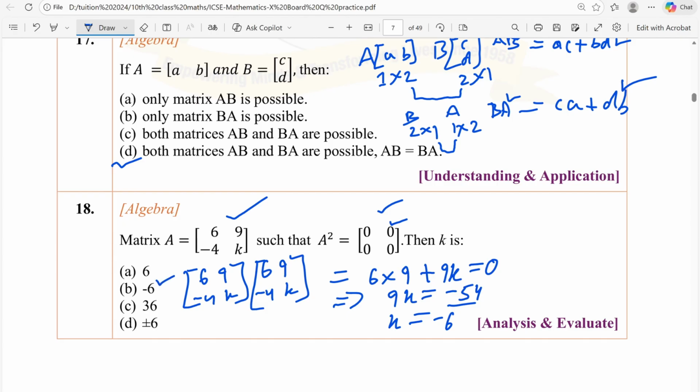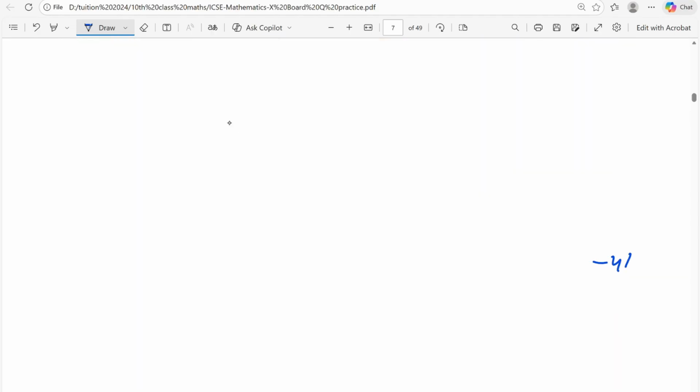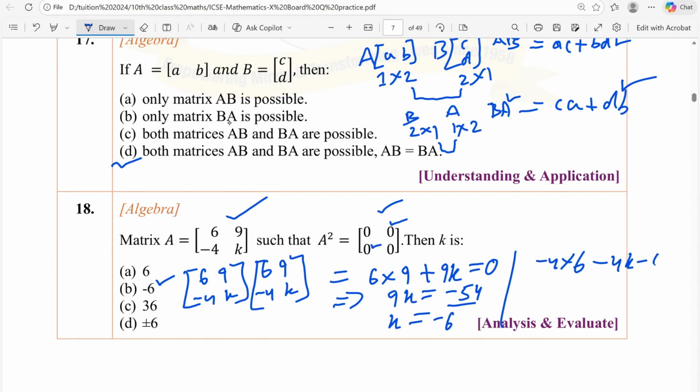Another one, this is the second row, first column. For the second row, first column, minus 4 into 6 plus k into minus 4, that is minus 4k, equals 0.